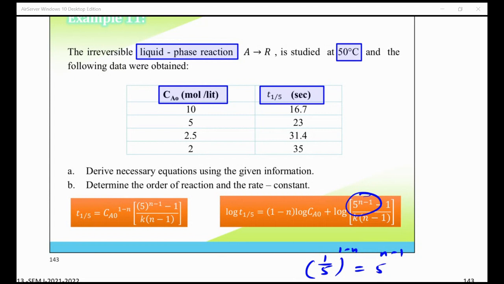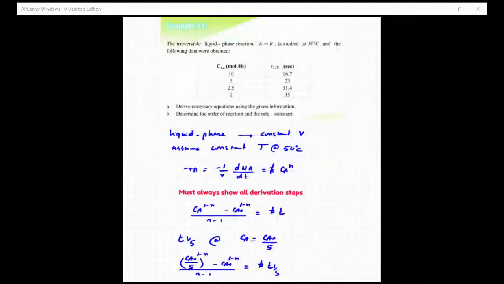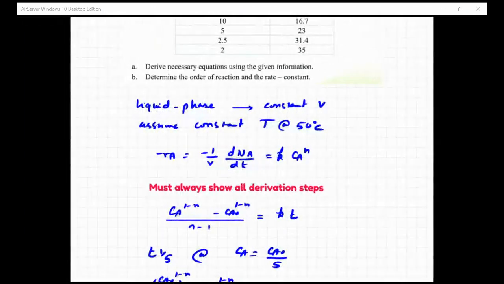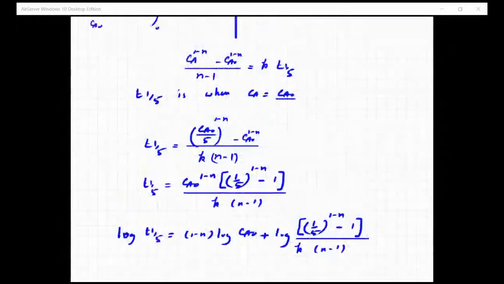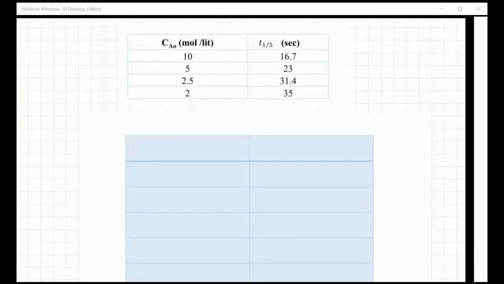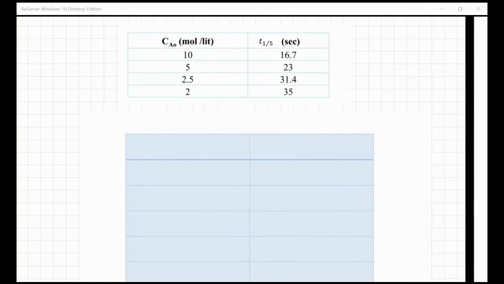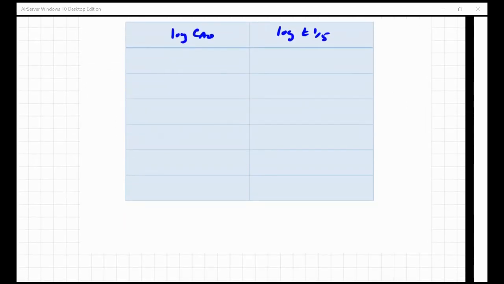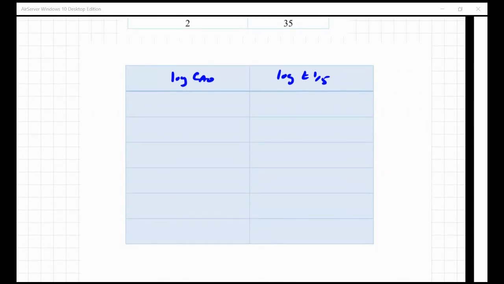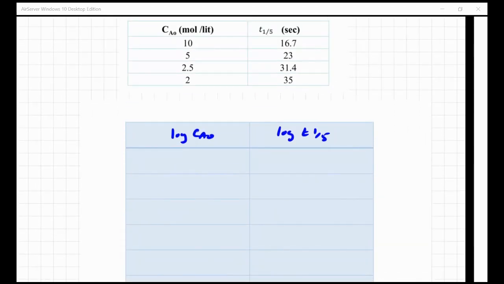Anyway, so what is it we have? We have the equation now. What will we do? We have to calculate, of course. How to calculate? We have CA0, we have t half. We must calculate log CA0 and log t1 over 5. Of course, then we are going to do linear regression. So you have only 4 values.